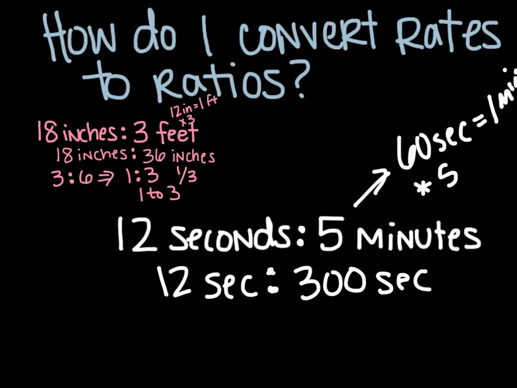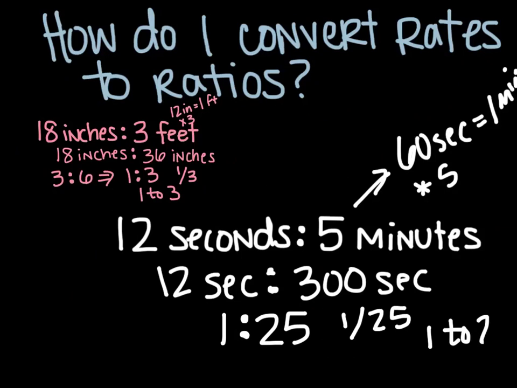And then I can simplify this down, and I can also write it my 3 different ways. And lucky for us, if you didn't know, you could figure it out, but you can divide 300 by 12. So I actually have 1 second, and then 300 divided by 12 is 25. So it's 1 to 25, and then I can write this 1 over 25, and also 1 to 25. And again, order does matter in rates and ratios.